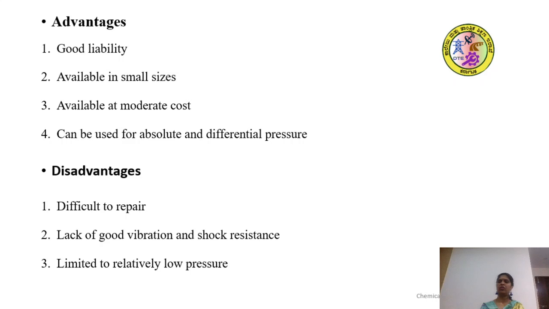So what are the advantages of using this diaphragm material? It is applied in order to control the flow rate in control valves or in regulators, or to control the temperature in temperature controllers, and also it is applied in most oil and gas control equipment. Because of its good reliability, availability in small sizes, and moderate cost, you can get it at an affordable price, and it can be used for absolute and differential pressures.